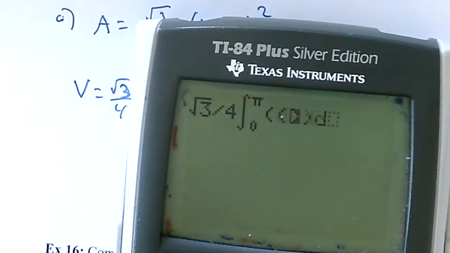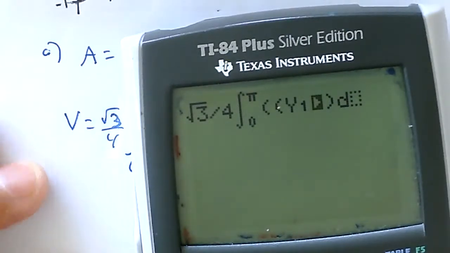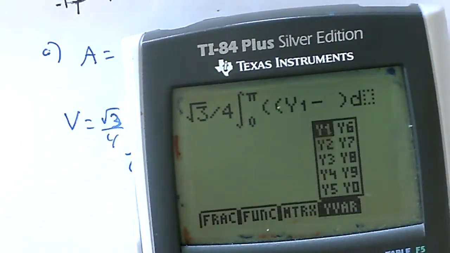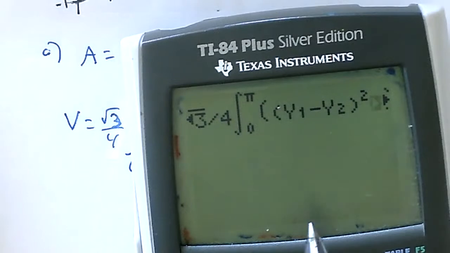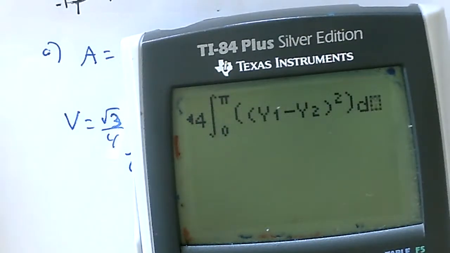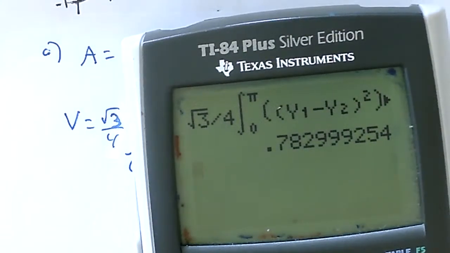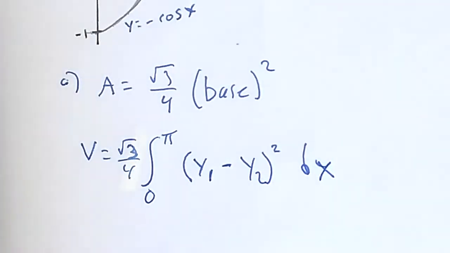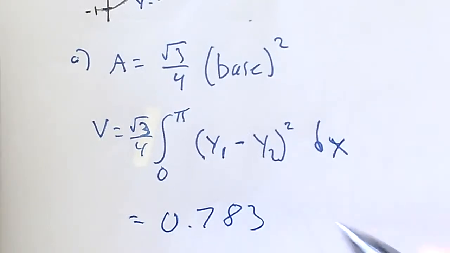I'm going to open up another one because when I go to y1 minus y2, I'm going to square that parentheses. You don't have to do that. You could actually enter the entire function there. I just think it's going to save me some time. And that's what I'm getting for part A: .783.